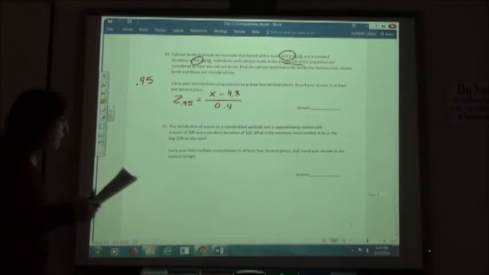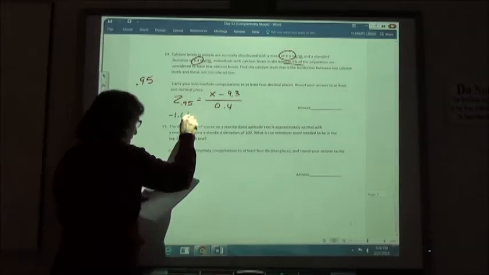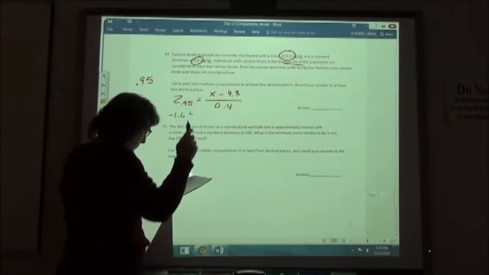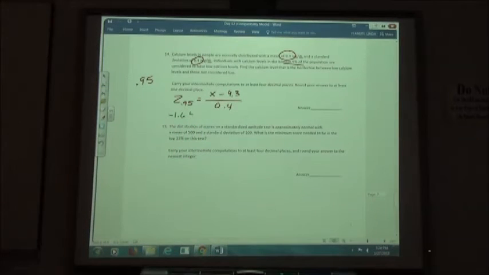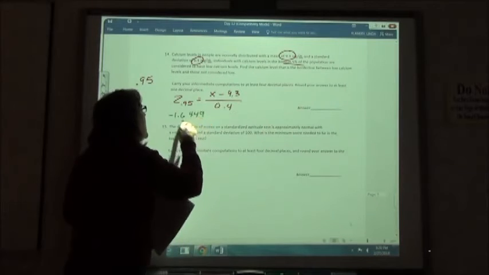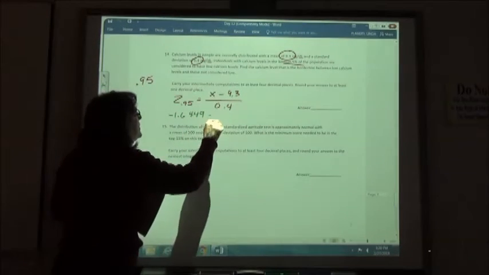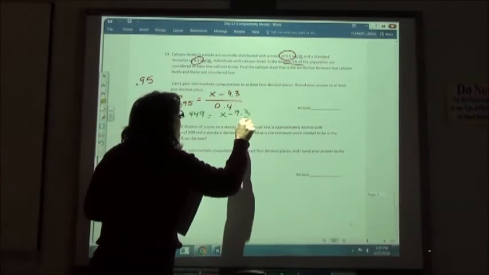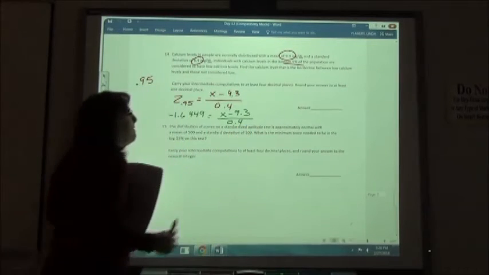Negative 1.6449. Negative 1.645. Yep, that's right. I probably should have gone a little farther. Equals X minus 9.3 over 0.4.